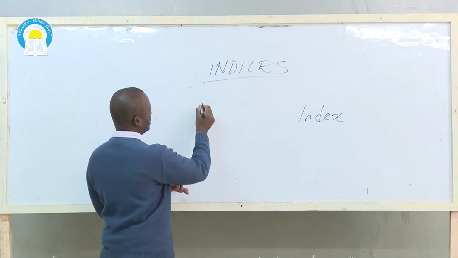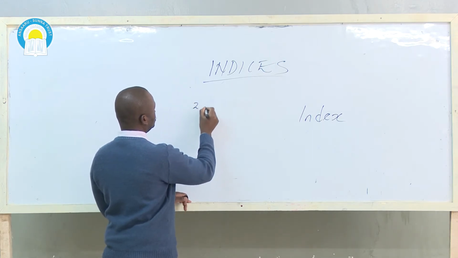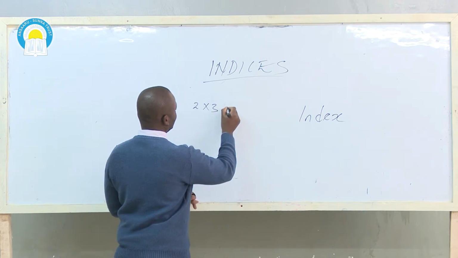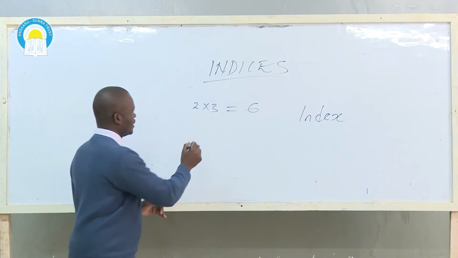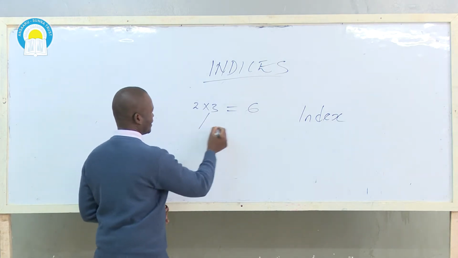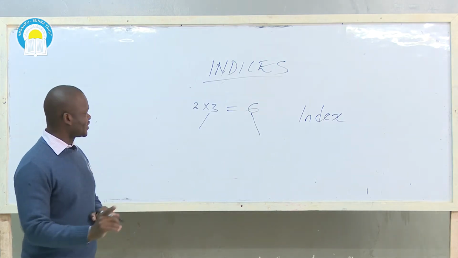Now, the moment we have a number like, let's say, 2 times 3 to give us 6, we are saying this number here and that number there have assumed different forms.